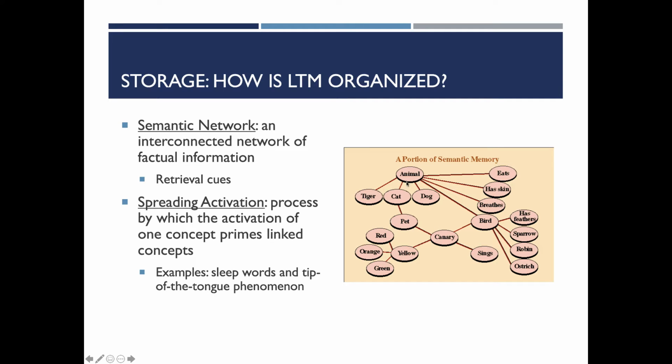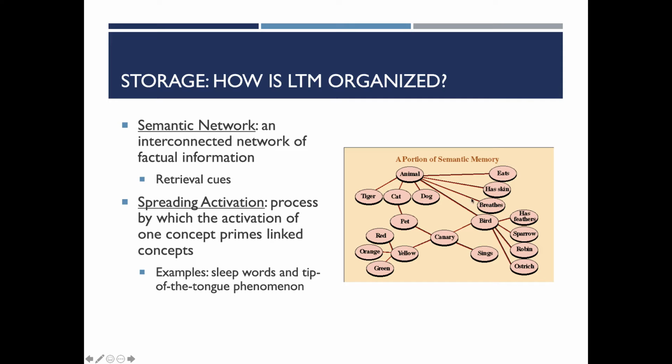So if I ask you to think about an animal, what happens is that the node, think of it as lighting up when you're thinking of the concept animal. And as it lights up, it spreads activation to related nodes like dog or bird, or has skin for the animals that have skin.